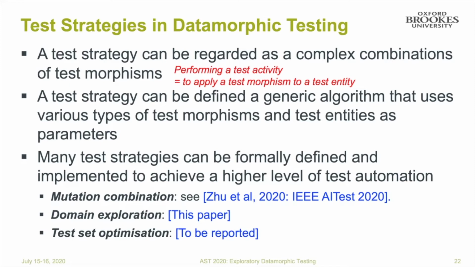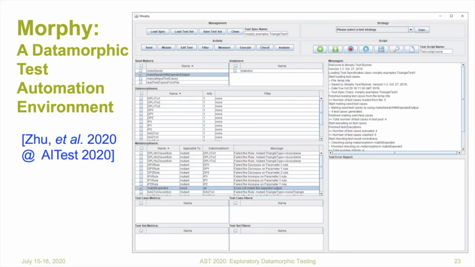In fact, we have implemented 3 sets of test strategies in a test automation system that supports datamorphic testing. Morphy is the testing tool we have developed recently. More details of the tool can be found in our paper in AI Test 2020.